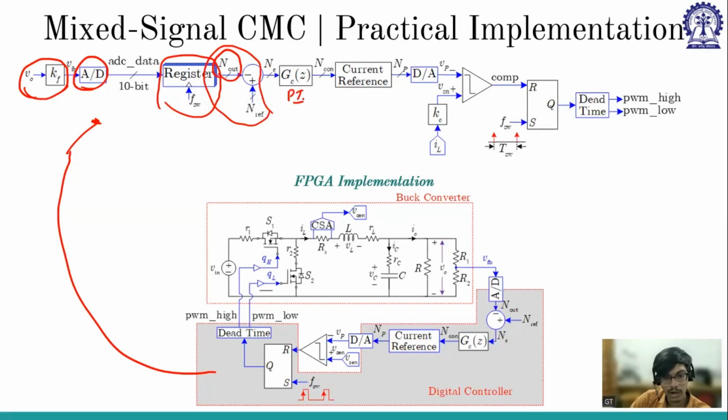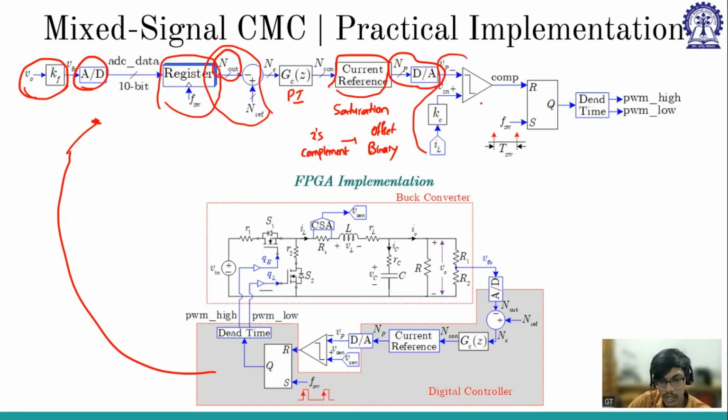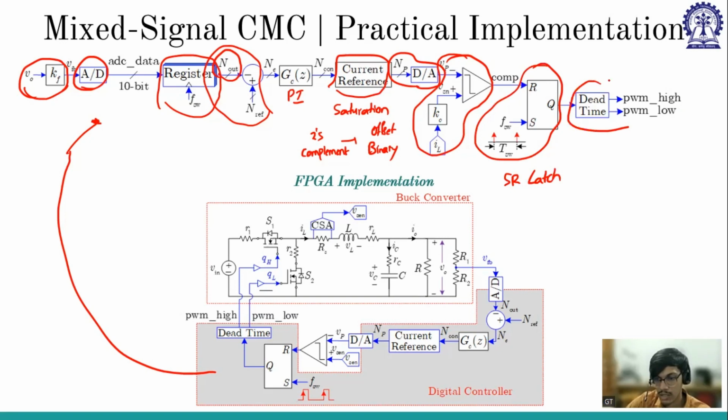And then we have PI controller, and then control voltage, current reference for the saturation, also converting 2's complement into offset binary. And then we have digital time lock converter, and then we have the comparator here, which will again go to the reset SR flip-flop or SR latch, and then dead time generation, giving us the high side gate pulse as well as low side gate pulse.